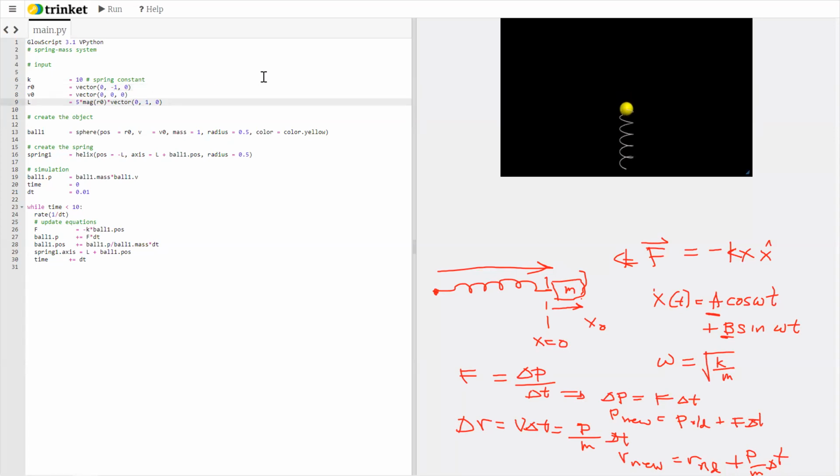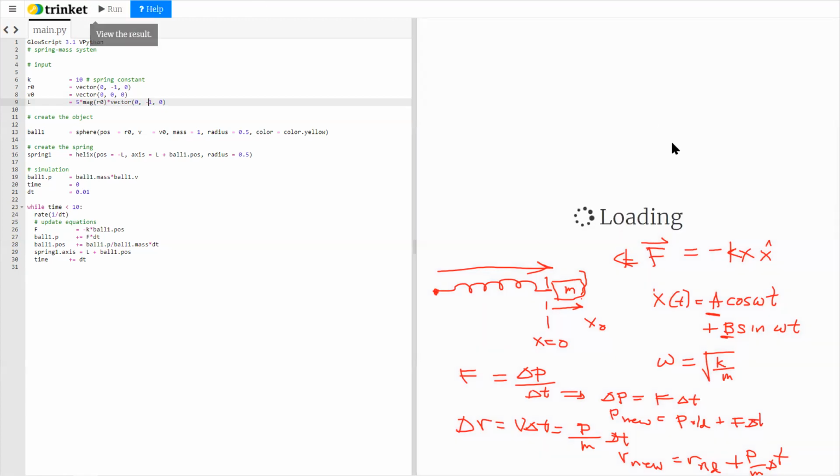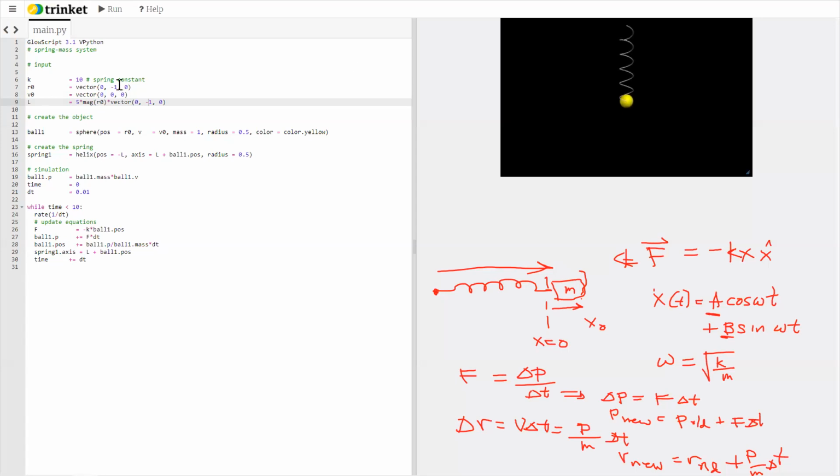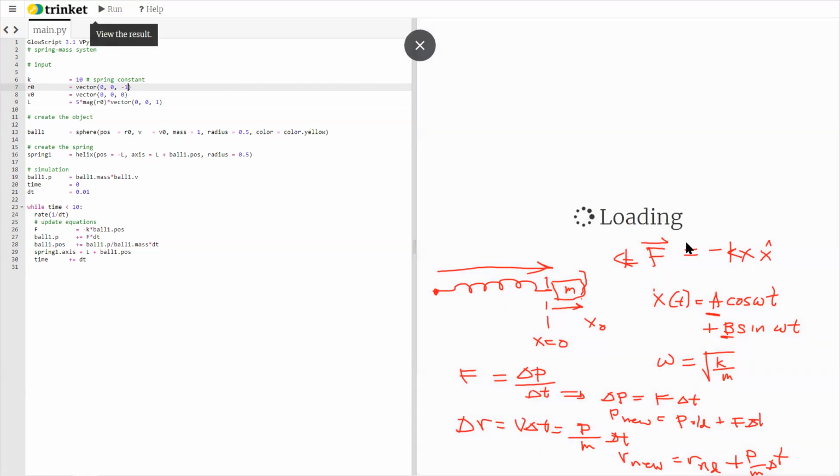Or you can have a spring on top, so you make it negative, and so on. You can also have this value in z, say -1, and then run.